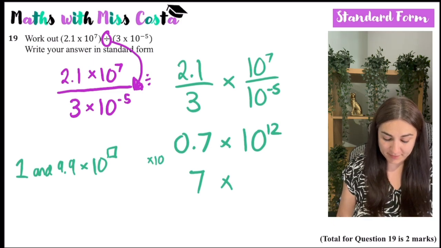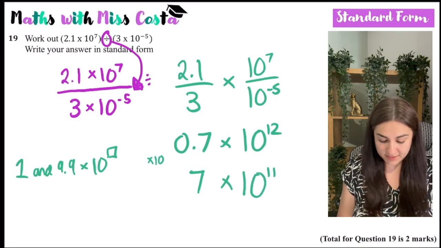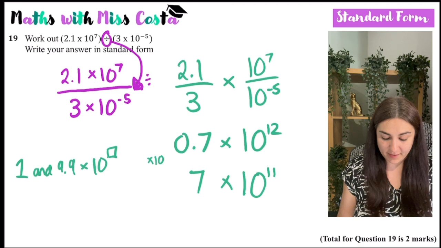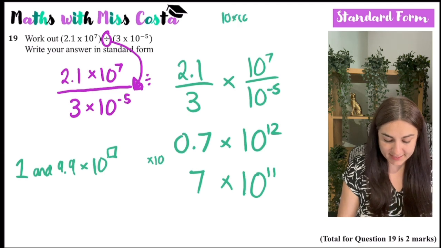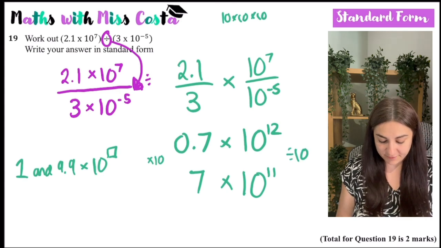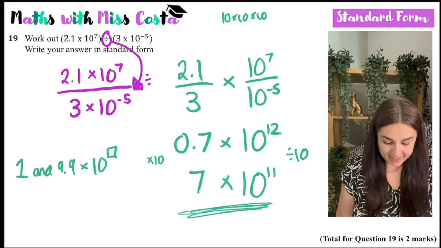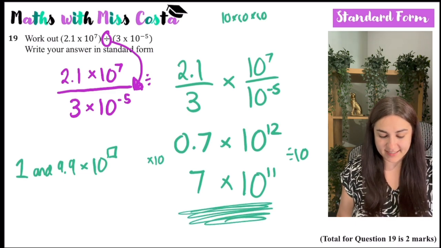And because I'm timesing by 10, I then divide by a power of 10 on this side. So that will become 10 to the power of 11. Because what does 10 to the power of 12 mean? It means 10 times 10 times 10, 12 times. So if I've timesed part of the calculation by 10, I need to divide the other part by 10 to keep it the same. So in standard form, that would be 7 times 10 to the power of 11.